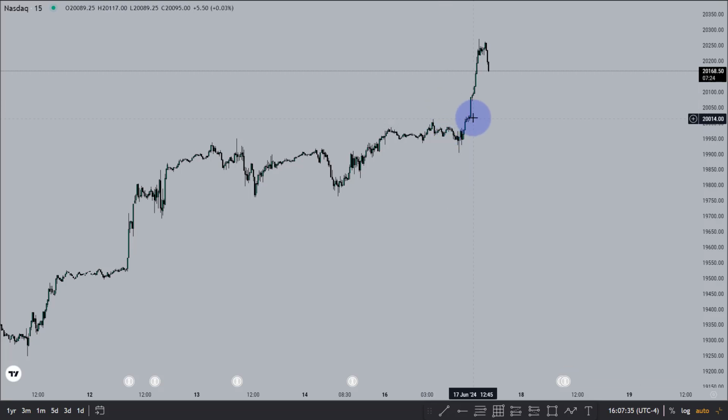So you will just expect the manipulation, not the expansion. This type of expansion you will expect on Wednesday and Thursday, sometimes on Friday. But on Wednesday and Thursday, you will participate in that type of expansion, but not on other days. This is the part that should be knocked into your mind even before starting your trading.